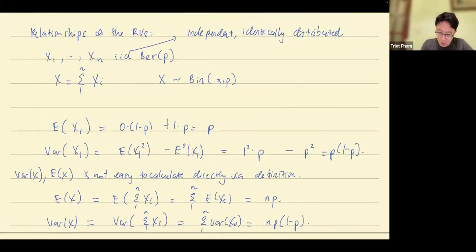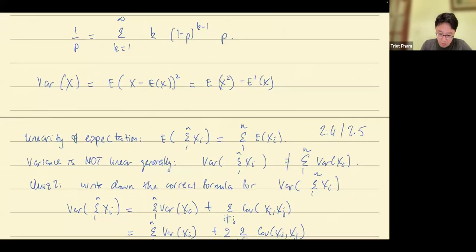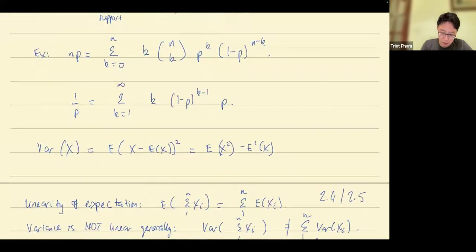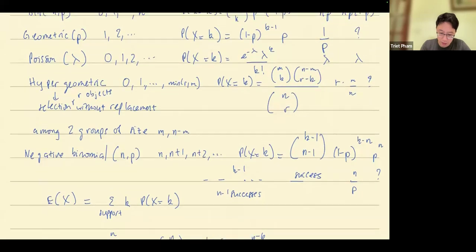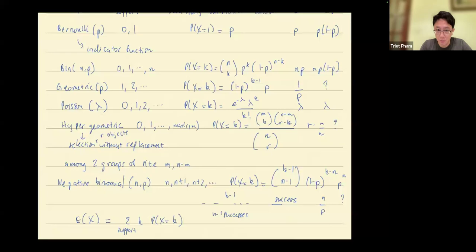Okay. So what's another pair in this list that can benefit from the same treatment? Another one is the negative binomial and the geometric.